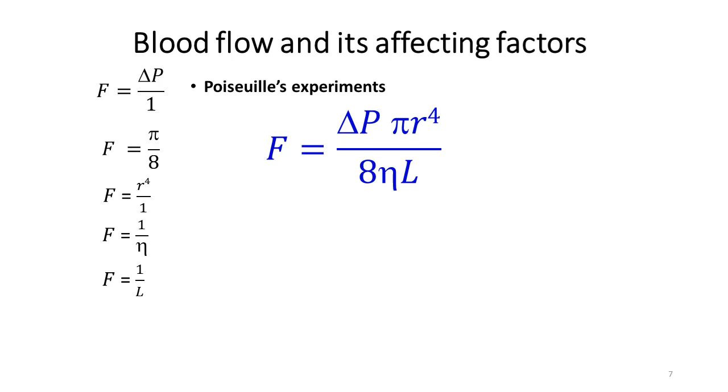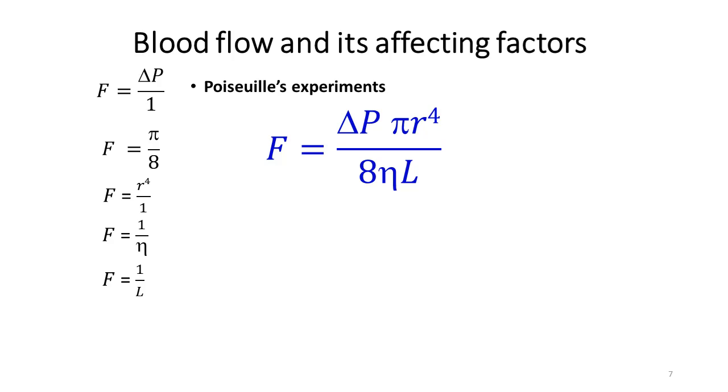Finally, he found this equation. In this equation, you can see flow is influenced by delta P, or changes of pressure, R as radius, eta as viscosity, and L as length of vessel. He did some experiments.